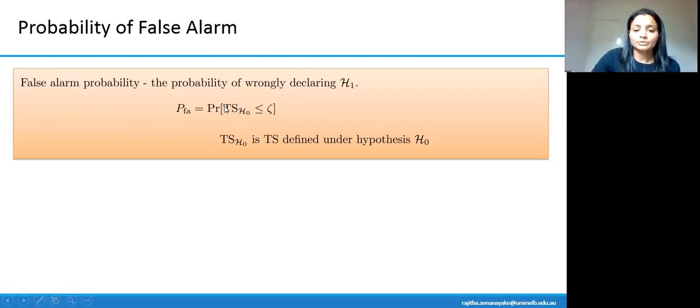So it is the probability that this test statistic, defined under the null hypothesis, is less than or equal to my user-defined threshold, because when this is less than or equal to the threshold, I declare the non-null hypothesis. So basically what I want to find is the CDF of this random variable in order to find the false alarm probability.